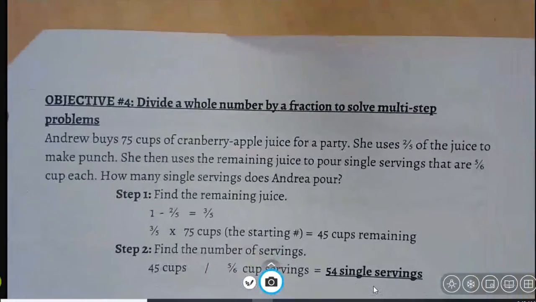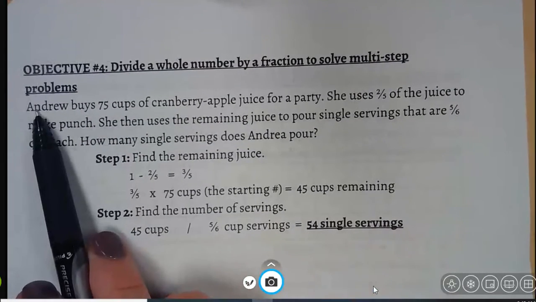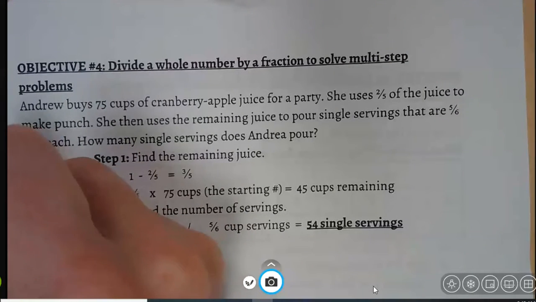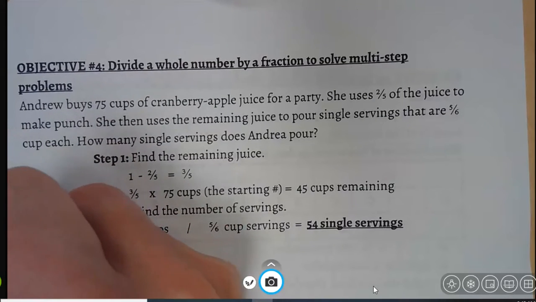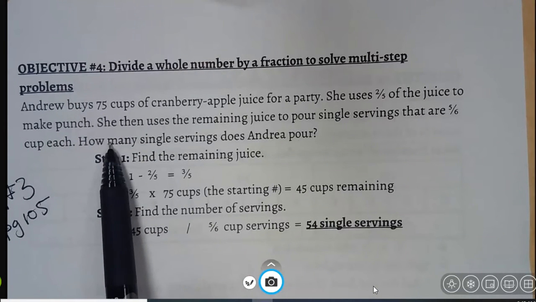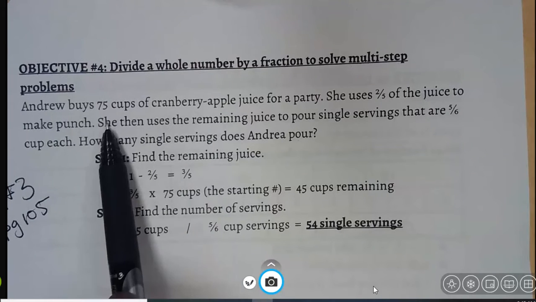Then my next objective is to divide a whole number by a fraction to solve multi-step problems. So the same as the other one. This one will be practiced using number 3 on page 105, if you need more practice on that. But essentially it's the same as the other, but just opposite. So instead of subtracting a whole number first, you're going to subtract a fraction first.